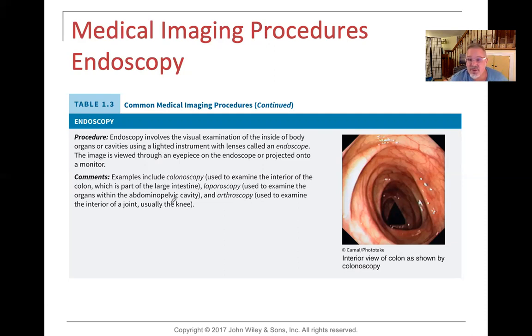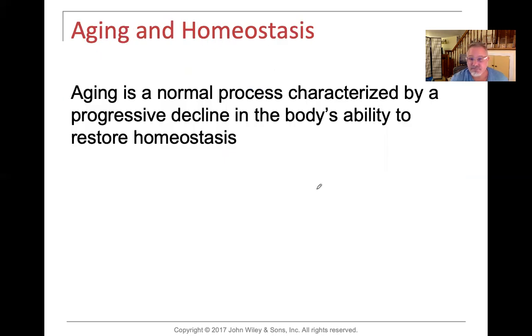They can use it in joints, called arthroscopy. So it's really neat technology to be able to see. If it's a colonoscopy, they can look to see if there are polyps there, and if there are, they can remove them. They could send them to a histologist or a pathologist to make sure that they're benign and not malignant.